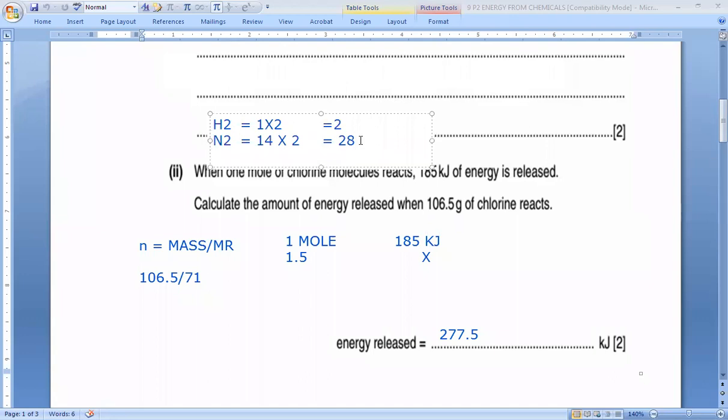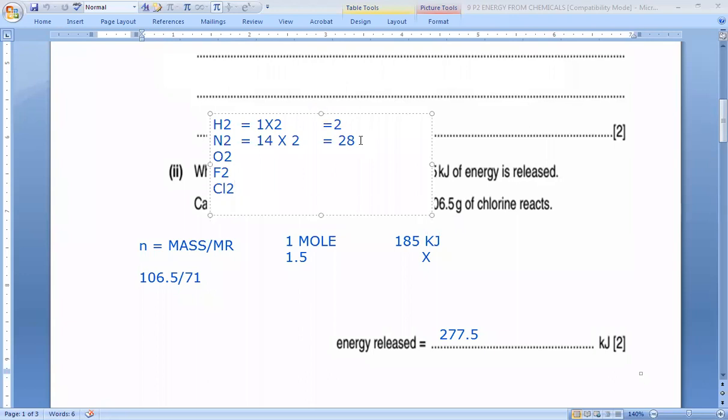Similarly, oxygen O2, fluorine F2, Cl2, Br2, iodine I2, and astatine, the last member of group 7, At2.